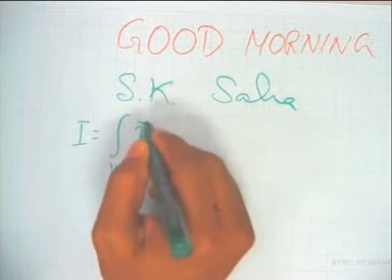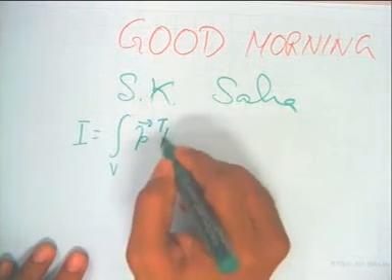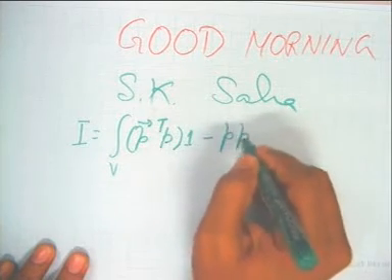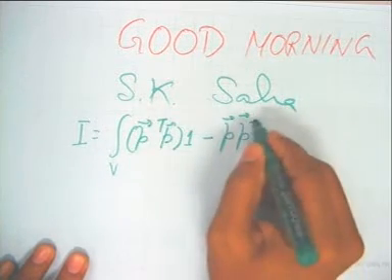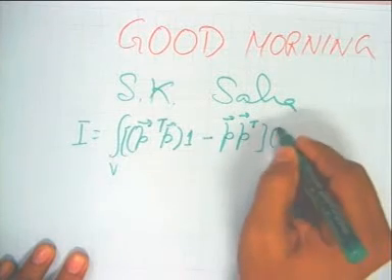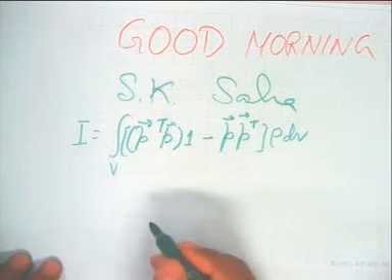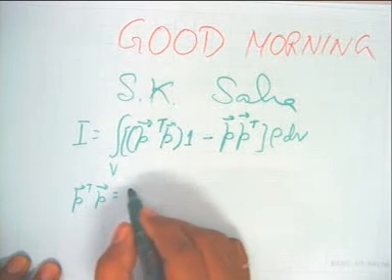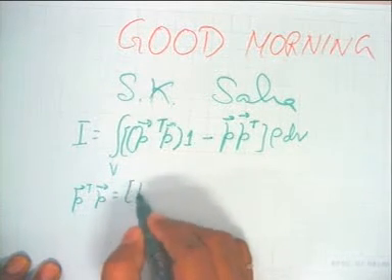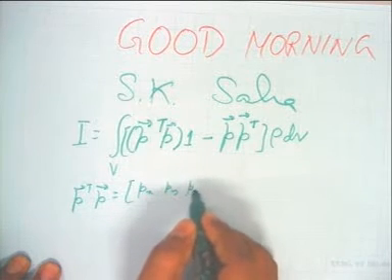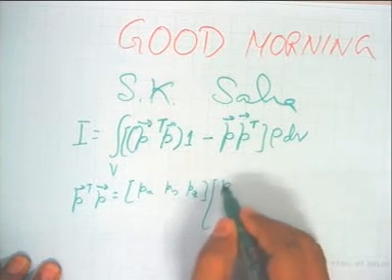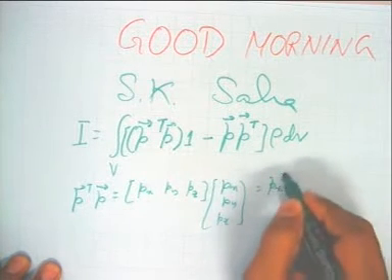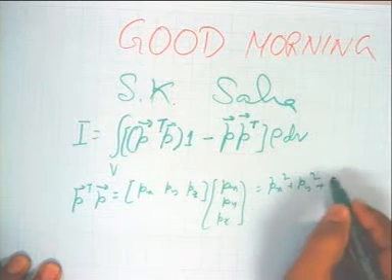So, I rewrite I as P transpose P times the identity, minus P P transpose, times rho dV. I calculate P transpose P: if P has components Px, Py, Pz, then this is Px square plus Py square plus Pz square.